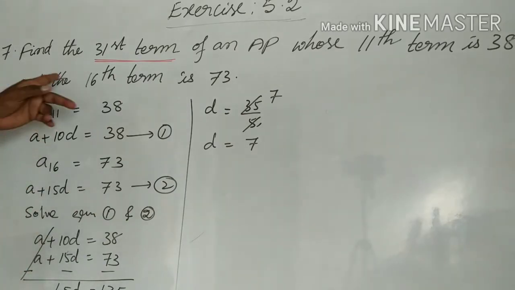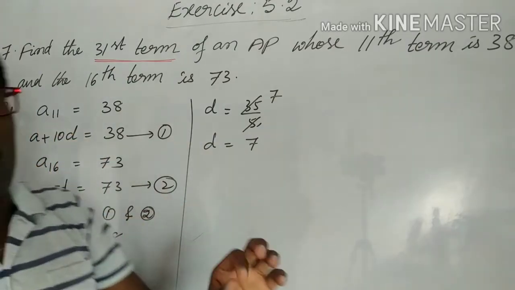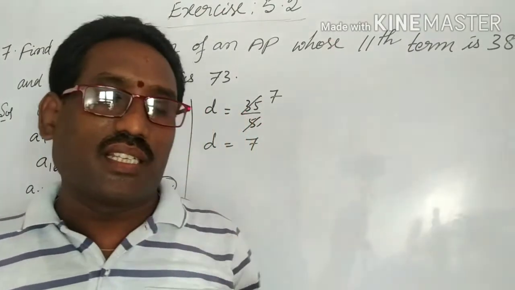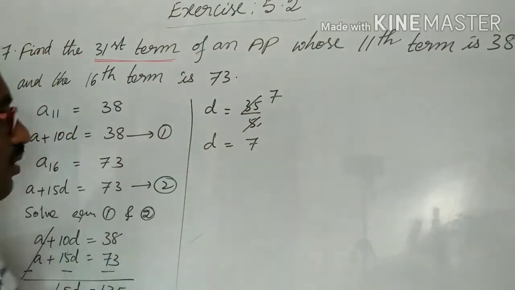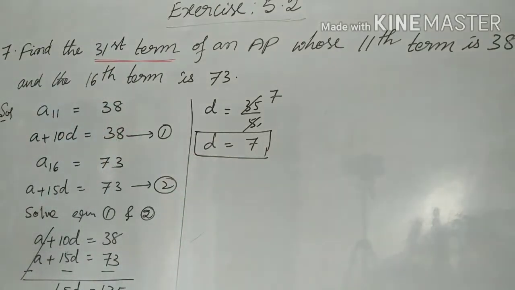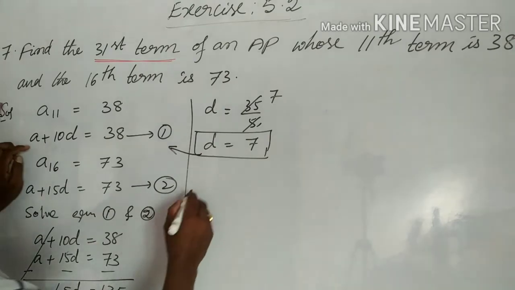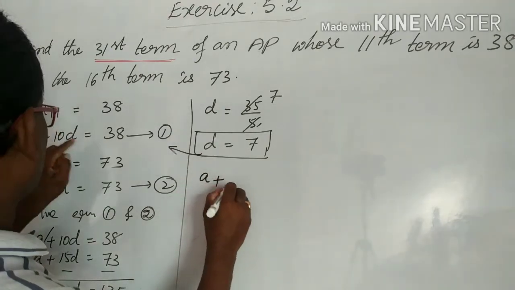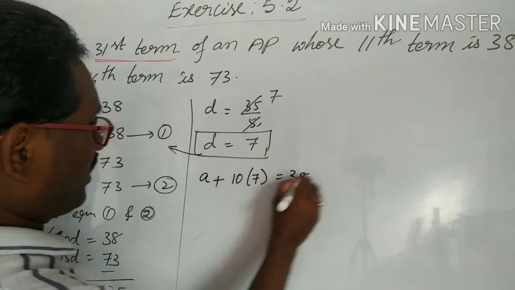To find any term, we must first know the first term and the common difference D. We got D, so now you can find A. Substitute this D value in any one equation, whether the first or the second, no problem. Substituting in the first equation, A plus 10 into 7 is equal to 38.